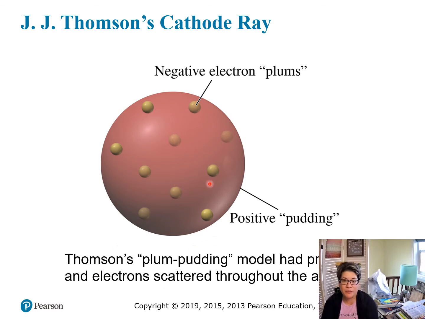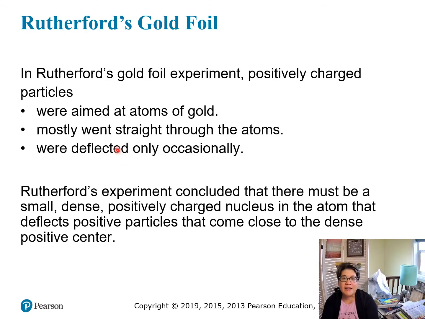But he was wrong about this. It did support the cathode ray tube experiment. So he saw negative electrons shooting through the tube coming off of metal. So he just thought they were embedded in the positive part and that it was overall neutral. Then a guy named Rutherford came up with this famous gold foil experiment.